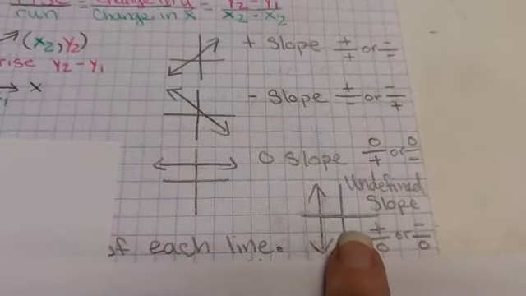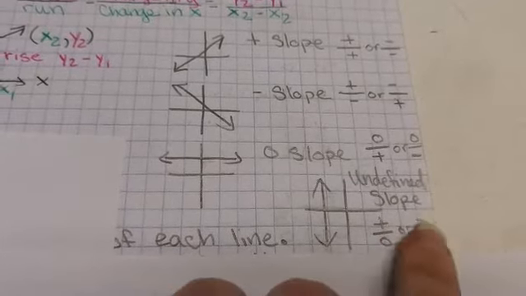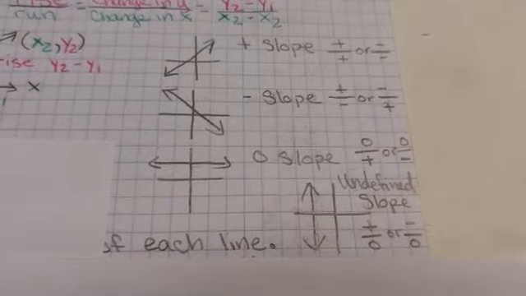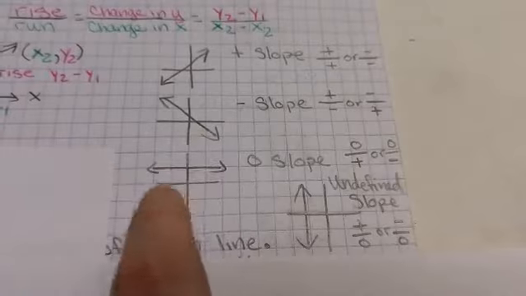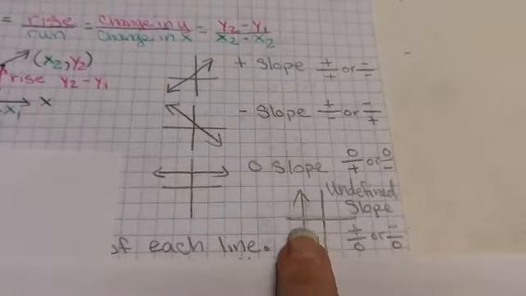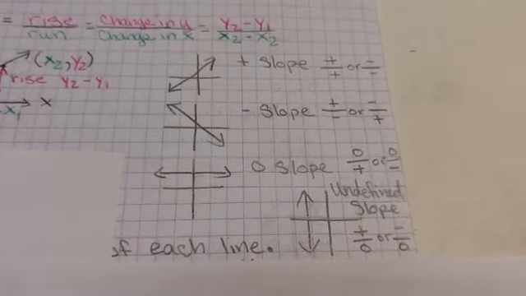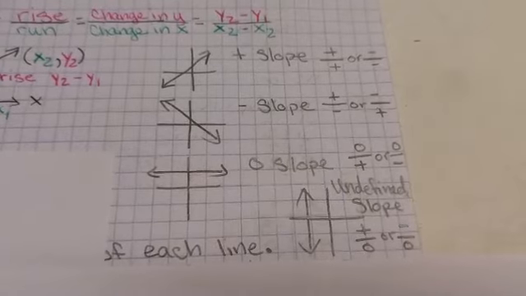So it's going to be a number divided by 0, positive or negative, it doesn't matter. So positive, we're going uphill, negative, we're going downhill, 0 is just flat, and undefined, we fall down. These are our 4 types of slope.